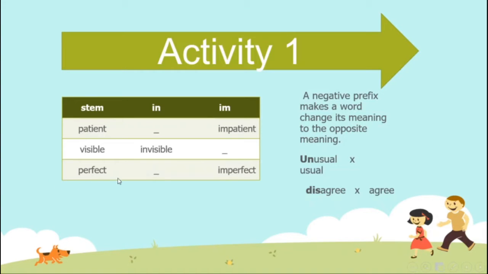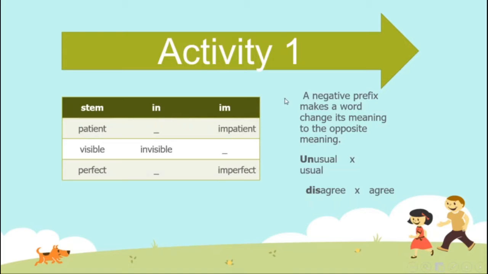Perfect, imperfect. Here such prefixes like in or im or un, like unusual, usual, disagree, agree.